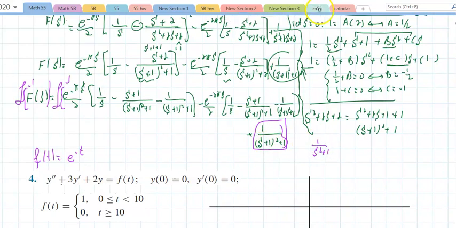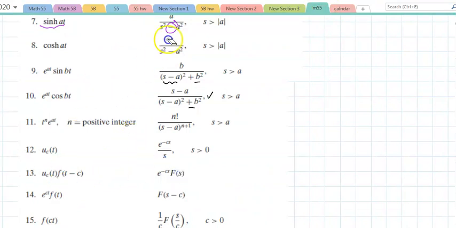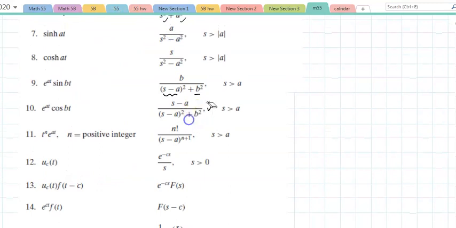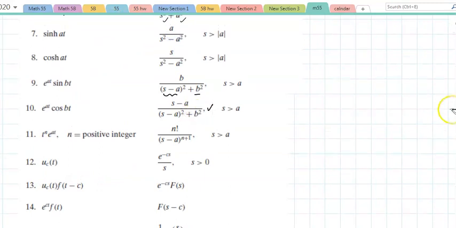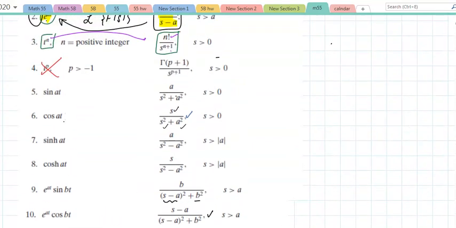And if I look at the table, s squared plus 1, there's only one of those. This was from last time. So 1 over s squared plus 1. S squared plus 1 is right there. So 1 over s squared plus 1 is really matching property 5. That's going to go back. In this case, it's a 1 squared, so that's going to be the sine of 1t.